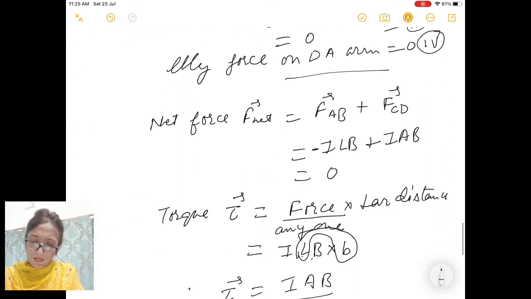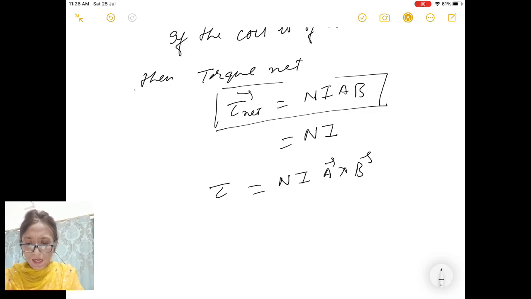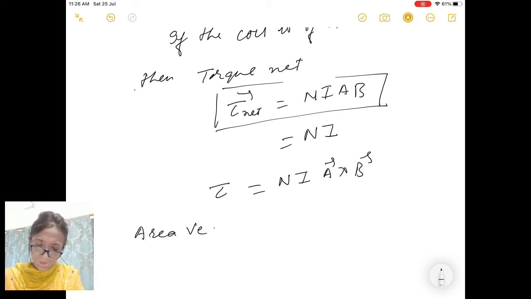So if you write this torque that you have obtained in terms of a cross product, you can write NI into A cross B. Here you know that B is the magnetic field vector. Now a new vector arises here, the area vector.